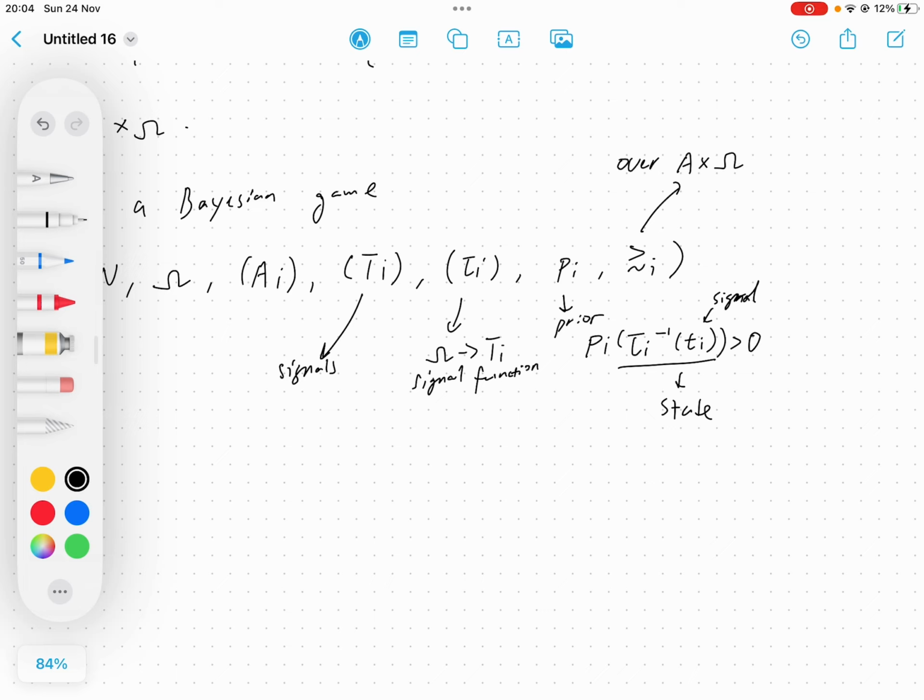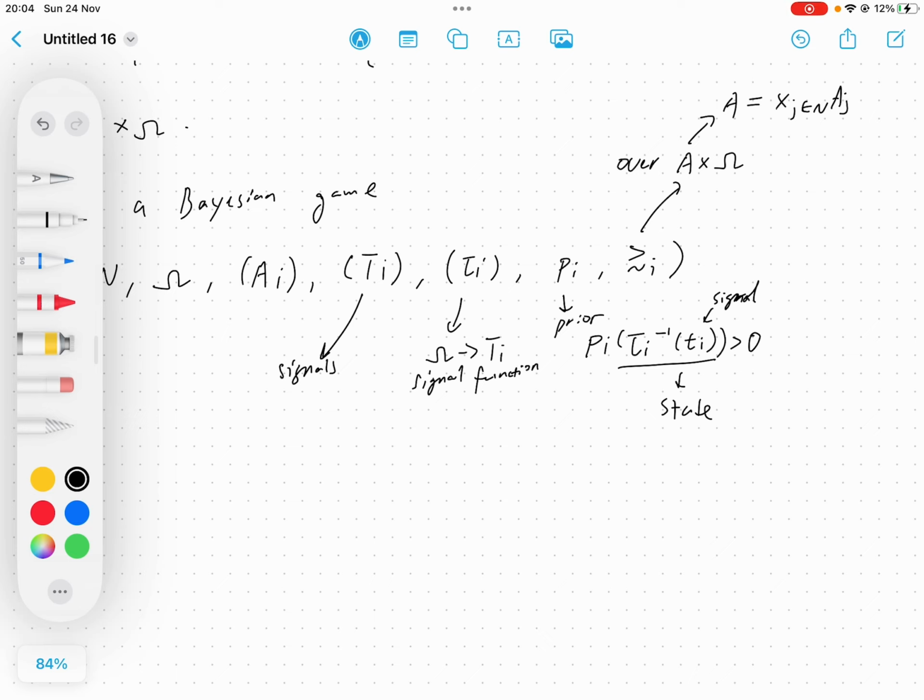So we can just take this as in the utility functions we have both of those variables, the action and the state. And this A would be the cross of all the A's for each player.